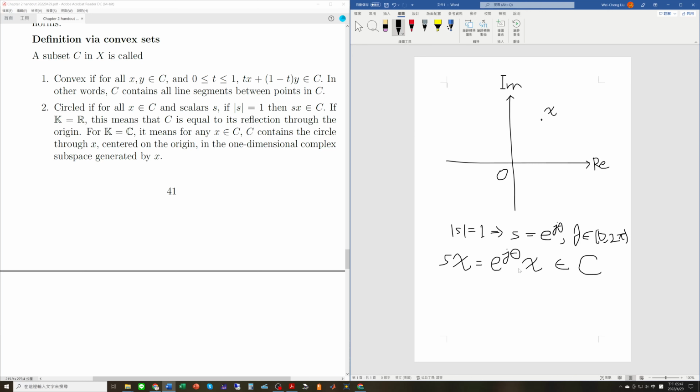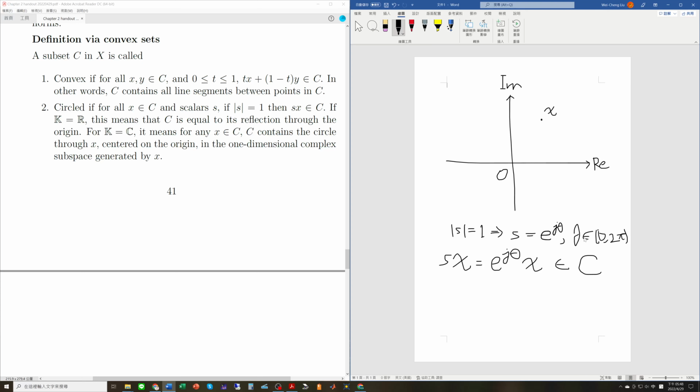In senior high school math, we know that when we multiply X by e to the power of j theta on the complex number plane, it means that we rotate X by an angle theta.